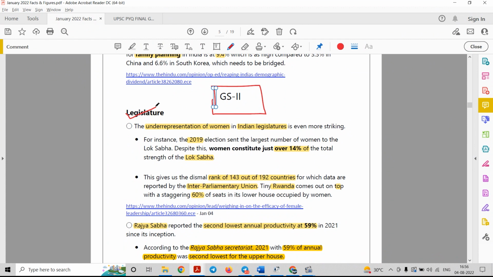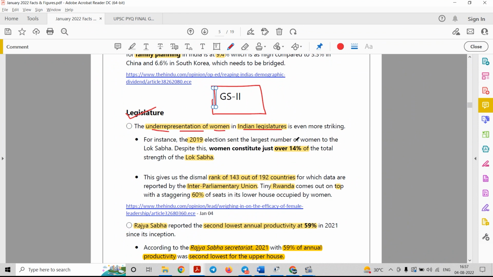We brought reservation for women through the 73rd and 74th amendments in the 1990s, right? The main issue discussed in this fact is that the under-representation of women in the Indian legislature is more striking.